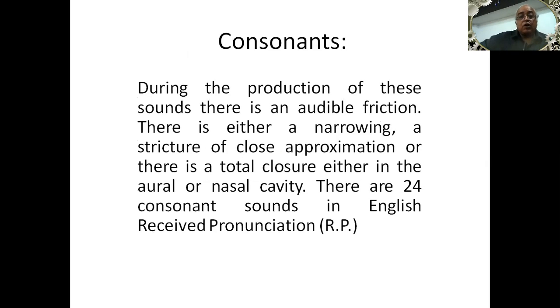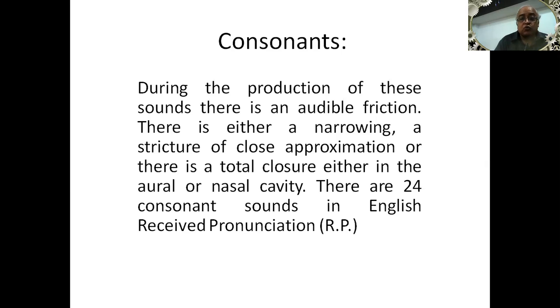Then we have the consonant sounds and the vowel sounds. The consonant sounds are those during the production of which there's an audible friction. There is either a narrowing, what is known as a stricture of close approximation, or there's a total closure either in the oral or in the nasal cavity.